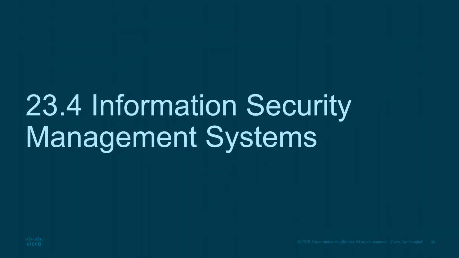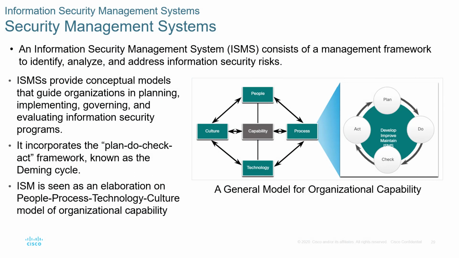All right, the last major section is about information security management systems. The first one is our security management system, typically referred to as an ISMS. This consists of the management framework used to identify, analyze, and address all risk of the organization. That's going to be looking at the capability, the technology, the processes, the people, the culture, all of that put together.